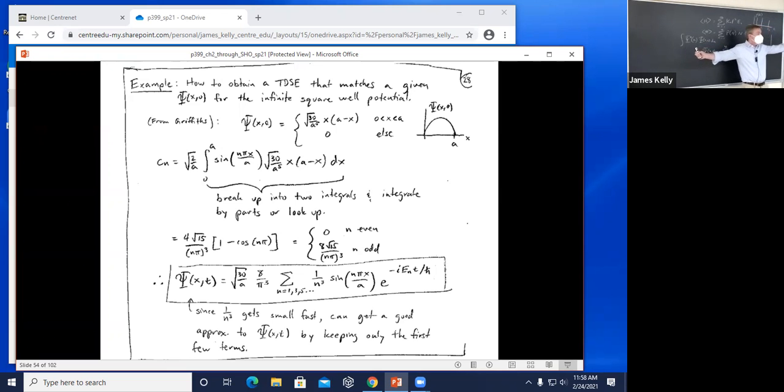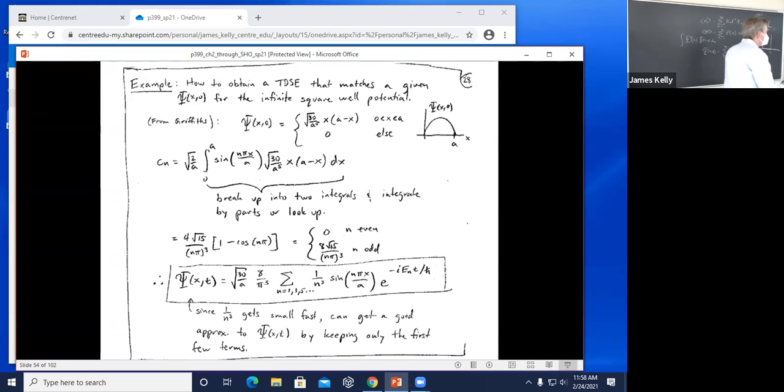The particle, by definition, has got to be somewhere on the x-axis. If there are only these discrete values of energy allowed, when we measure energy, it's got to be one of those infinite number of allowed energies that we get. And therefore, when we add up the probabilities of all those different energies occurring in a measurement of energy, they better add to 1, right?